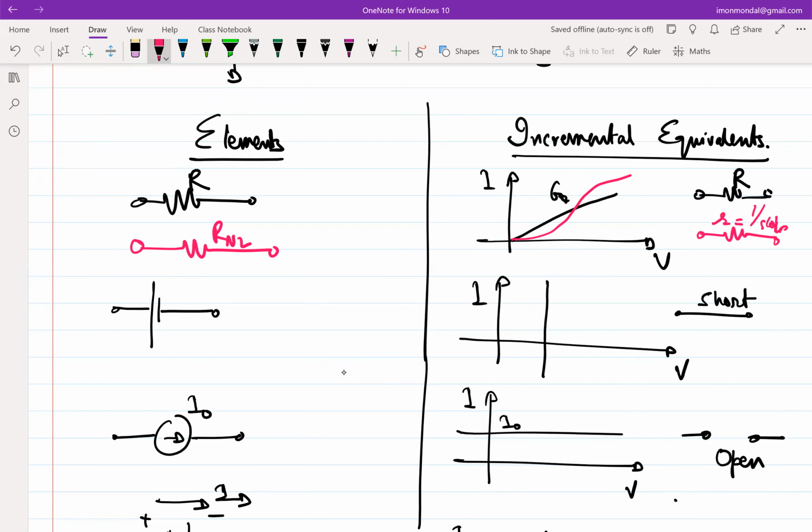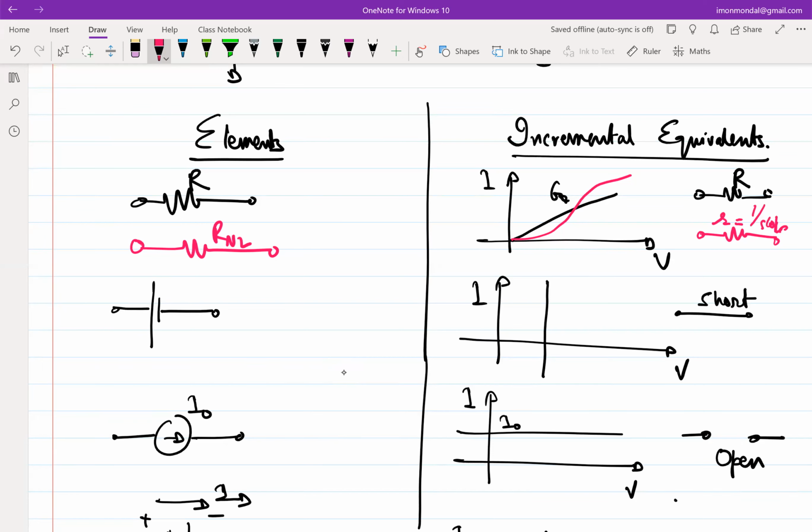So if the value of the component changes when we apply different voltages across it, then the IV characteristics of the component will be nonlinear. Is that clear? Is that evident, or it's a bit murky? Should I repeat? Okay.